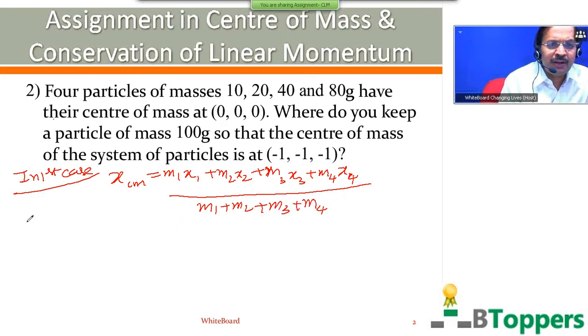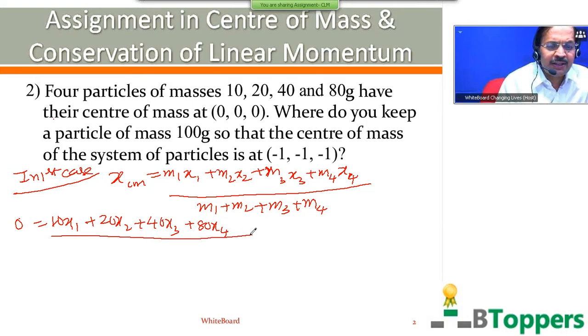So in the first case, center of mass is at 0, 0, 0. That means the x coordinate of center of mass is 0. m1 is 10 grams, m2 is 20 grams, m3 is 40 grams, and m4 is 80 grams.